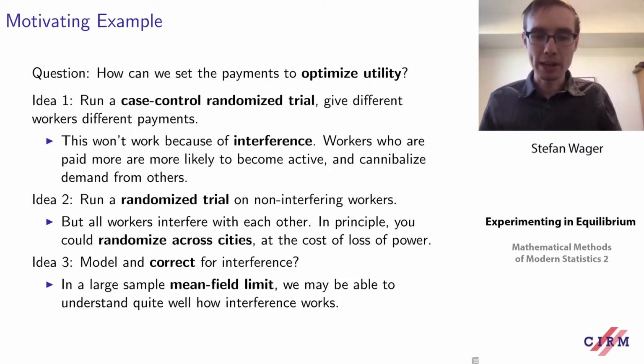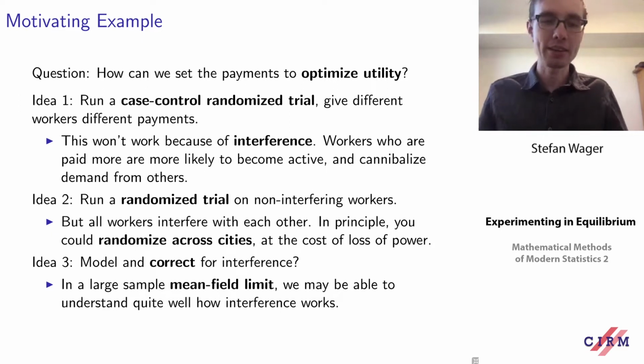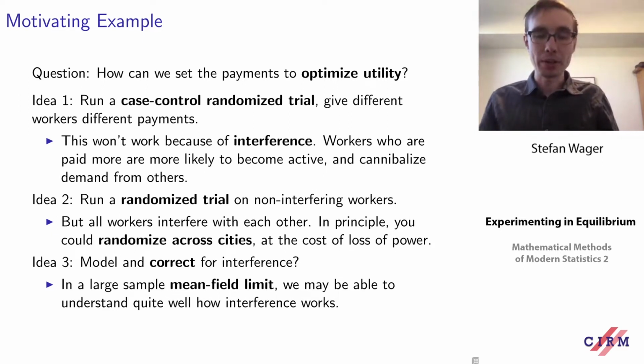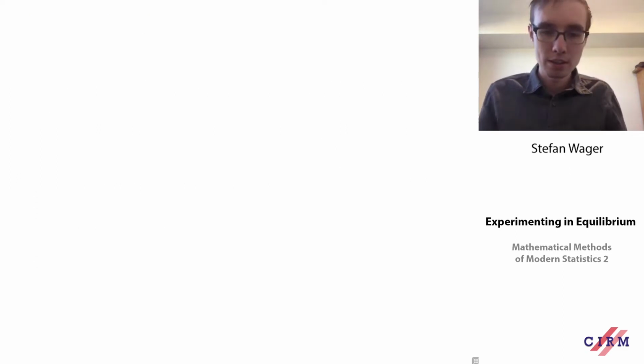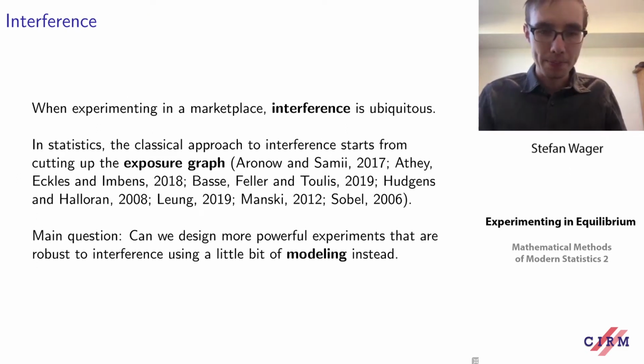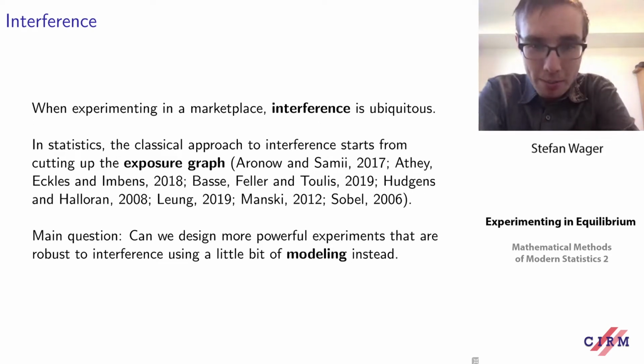That's the only way interference can arise. And it seems like we should be able to capture that, understand that, and correct for that. So here we're going to try to do some mean field modeling for that.